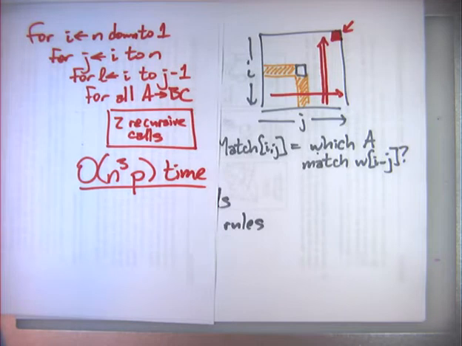For arbitrary grammars, this is essentially the best that we know how to do. There are, in theory, faster algorithms based on the observation that what you're doing here structurally resembles matrix multiplication: three nested loops over a big table.